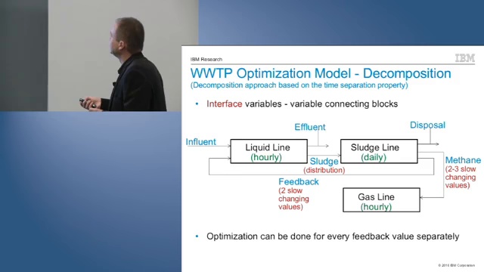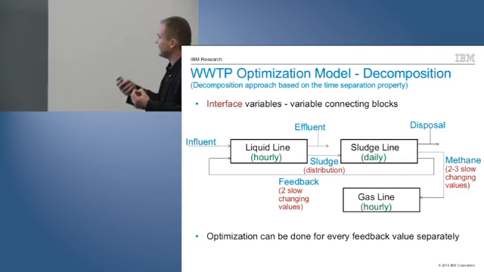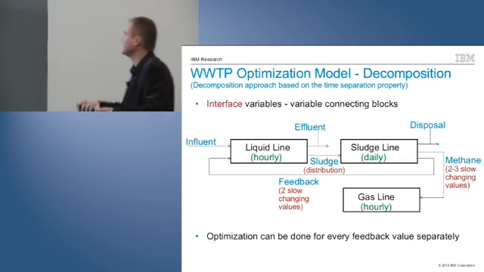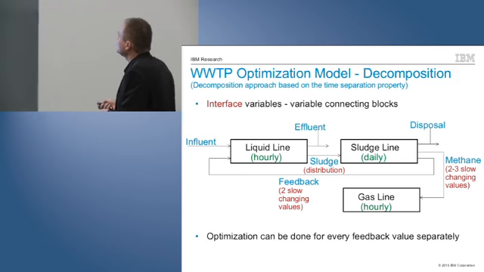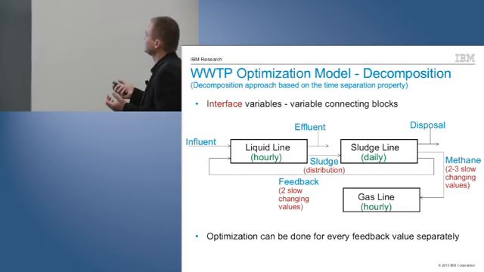Therefore, what is interesting to the sludge line at input is not the exact value of the state at any given time, but the distribution of state values, and the output of the sludge line can be considered a constant value. They are constant for a long period of time.